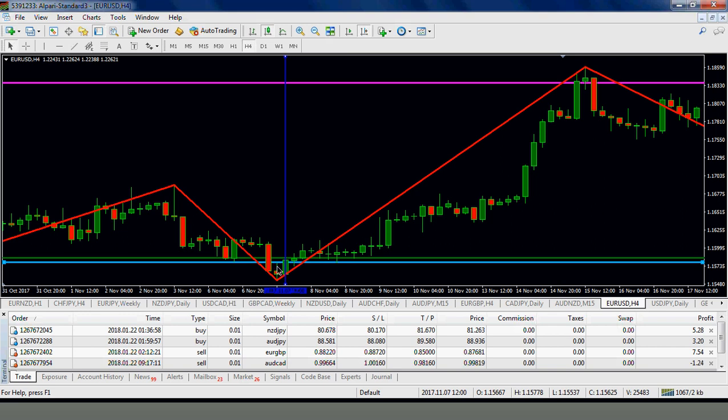Yes. The buyers and sellers were dragging the price. When you see a formation like this, it tells you that neither the bulls nor the bears had the upper hand.